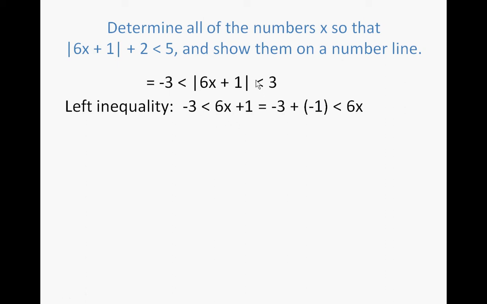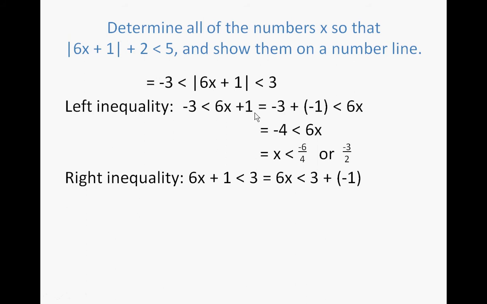We have moved plus 1 to the other side, so now we have minus 3 plus minus 1 is less than 6x, which simplifies to minus 4 is less than 6x. Because of the definition of multiplication, x is greater than minus 6/4, or simplified, minus 3/2. So here's our first set of x solutions, minus 3/2.